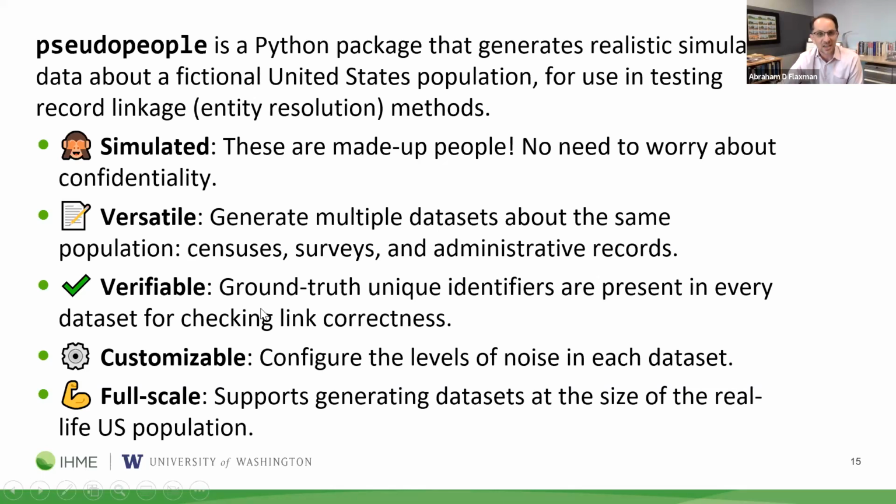Because of the simulation, knowing who's who in some ground truth sort of way, there are unique identifiers present in all of these simulated data sets. Don't use these to link on, use them after you've linked to check how well you did. And it's customizable. I'll show you in a few secs how to configure the level of noise in the data sets you're simulating. And I'll show you how to get it up to full scale, because this supports generating data sets at the size of the real life US population.